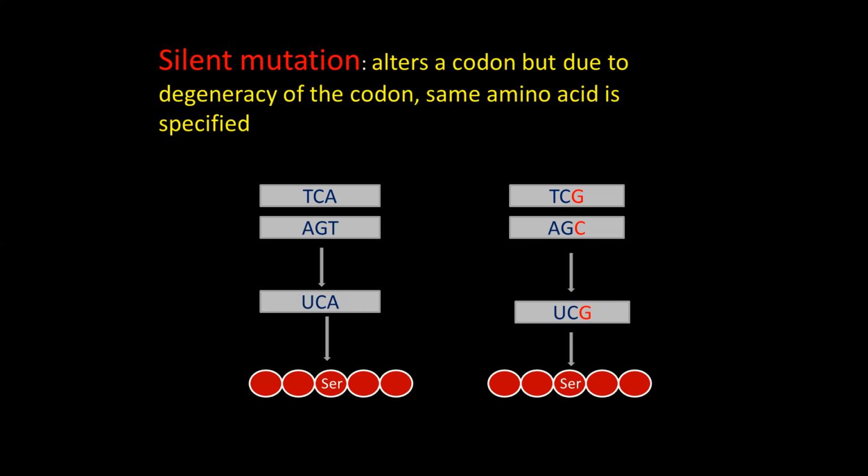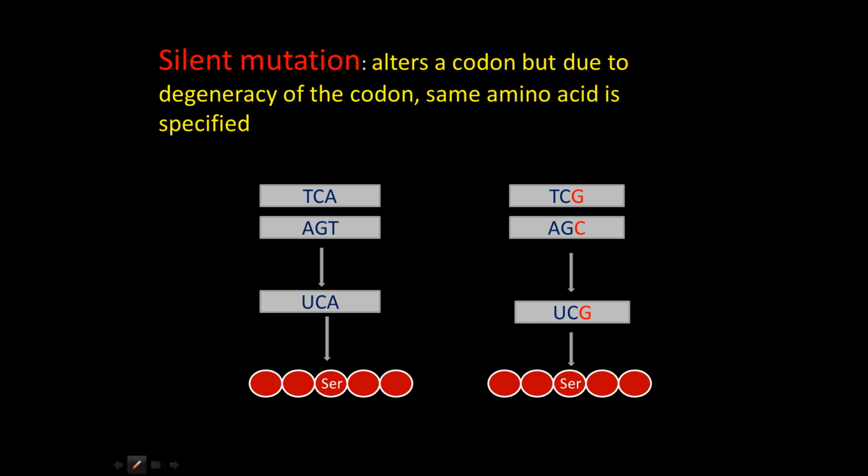There is no change in the amino acid sequence, so the protein formed is totally functional. It does not have any effect on the phenotype or functionality of the protein. Such mutations are called silent or neutral mutations.